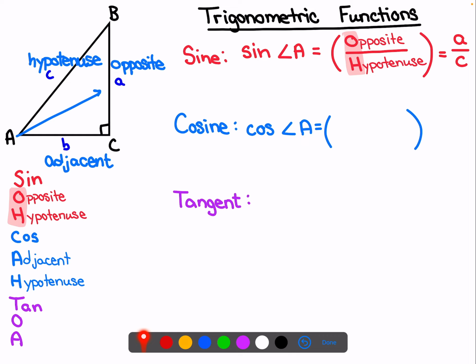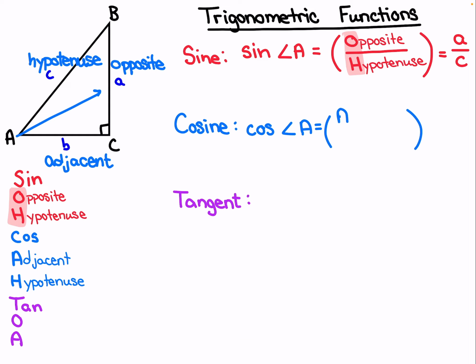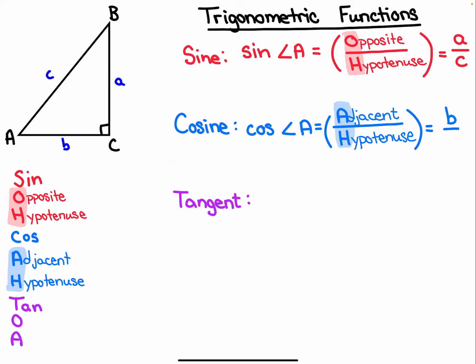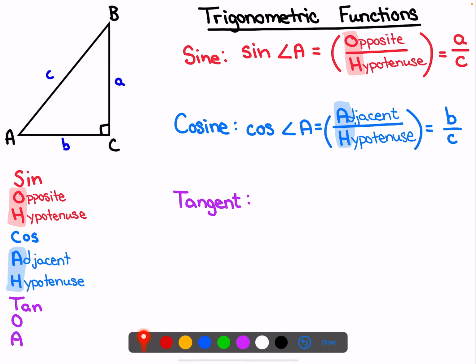It'll be angle A for these. So this time, we have adjacent over hypotenuse. Our adjacent side is B. Our hypotenuse is C. So therefore, our ratio will be B over C. And again, we can see Cah, C-A-H.